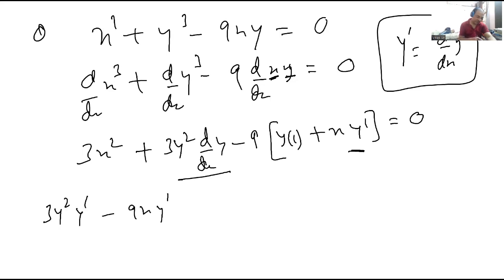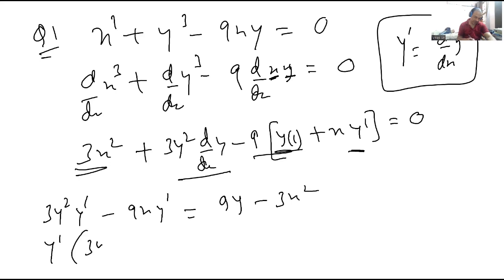And furthermore, the parts which do not have the differentiation form will be put on the RHS. This is 9y, and this is minus 3x squared. Furthermore, I have to take y dash common from both. There will be 3y squared minus 9x is equal to 9y minus 3x squared.